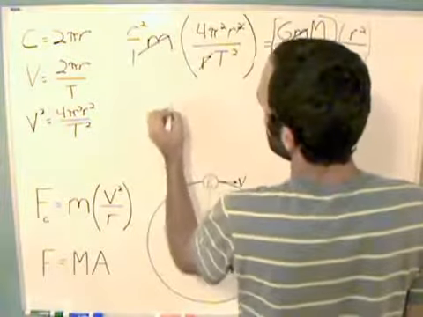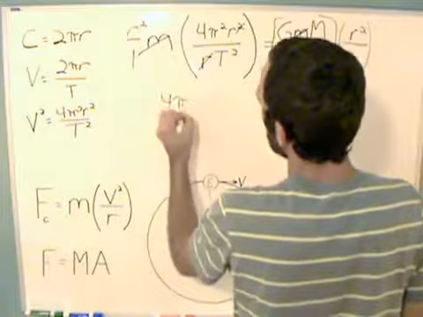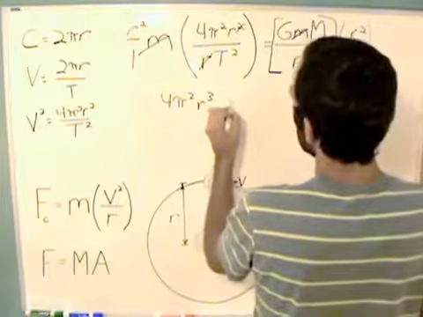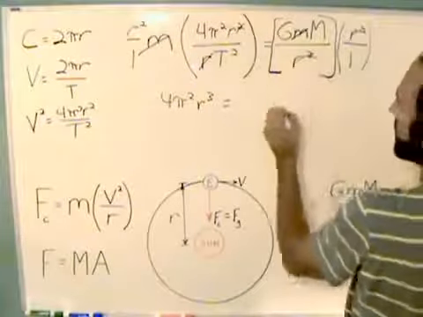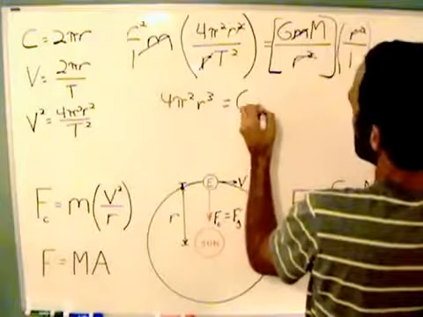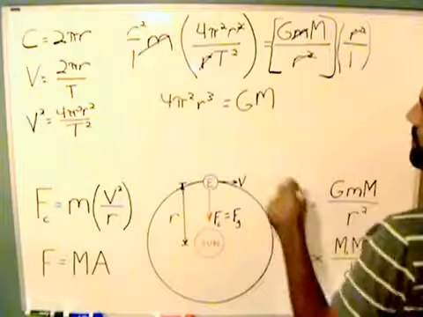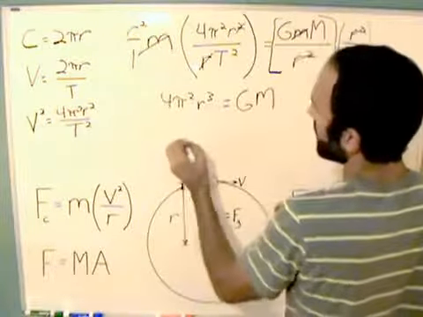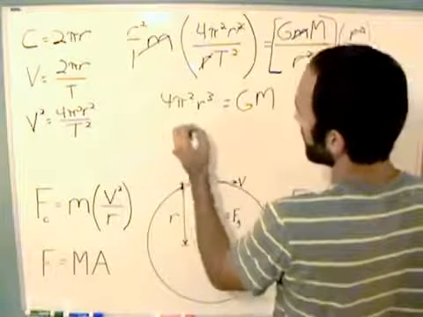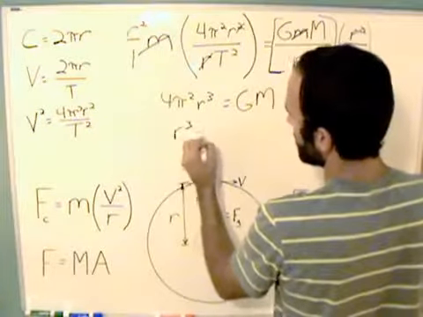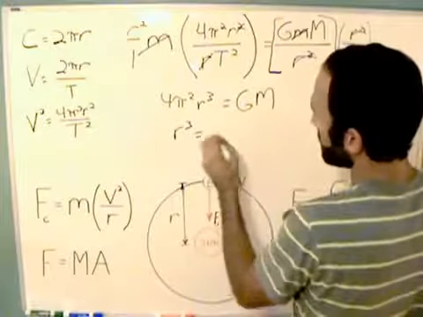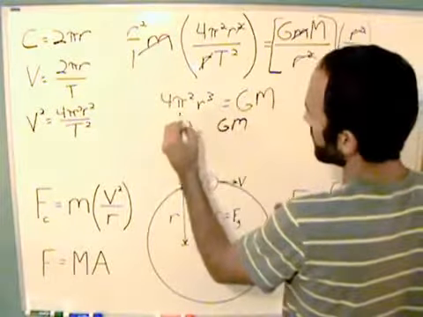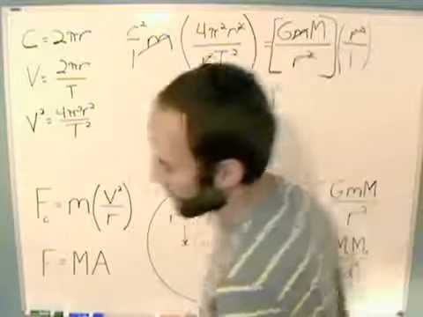That gives us 4 pi squared r cubed equals, cancels on this side, G times big M. And then we want to get r by itself over here, so we just divide by 4 pi squared. I'm not going to actually show the steps, but I'll just say r cubed equals G M, nope, I missed T cubed. And I just write this out.